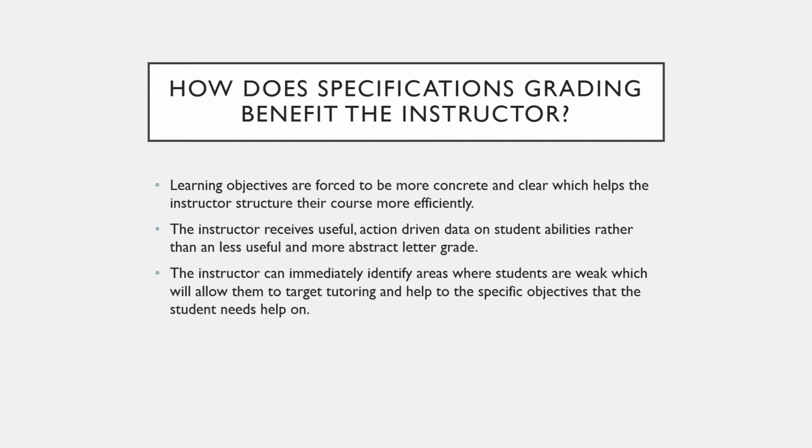Just like it's difficult for the students to understand what went wrong on an exam, if I'm looking at a class average and I think, you know, that's a little lower than I thought it might be, it's difficult for the instructor to realize where the weakness in the class is. This system makes it very clear which objectives need to be remediated, where the holes perhaps in the lecture and the coverage are. That helps the instructor design a more effective course.